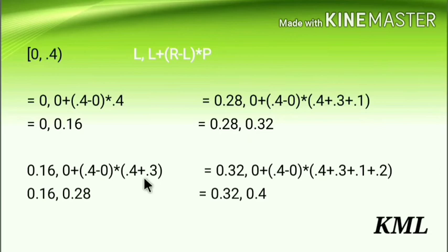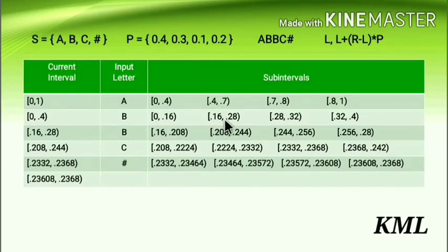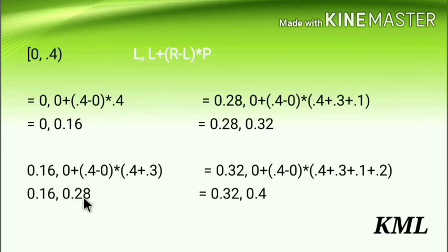What is the sum? 0.7. So 0.7 into 0.4 gives you 0.28. See here, you have 0.28 here. So you took this 0.16 to the left of the current one as it is, and you got 0.28 after this calculation. So next, let's find the third subinterval.